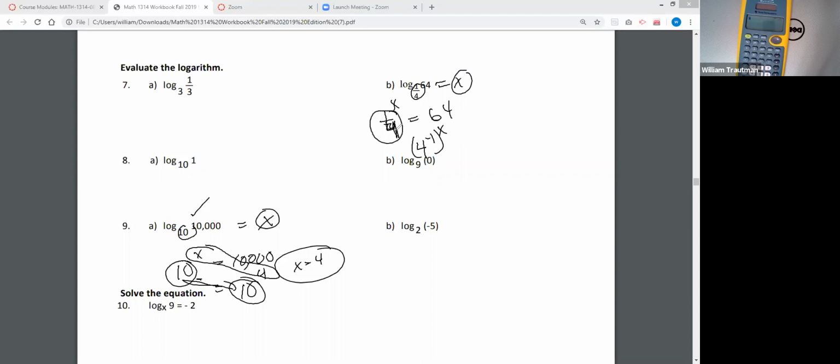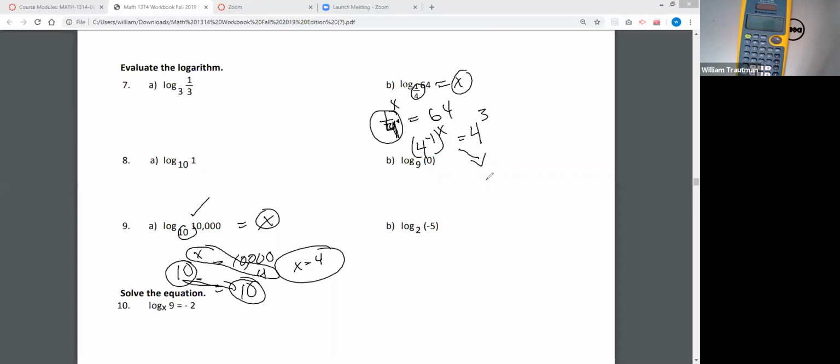We just changed that. We brought the 4 up to the top. It's a 4 with a power of 1 down here. When you bring it to the top, it's a -1 power. 64, if you try it on your calculator, is 4 to the 3rd power. 4 times 4 is 16. 16 times 4 is 64.